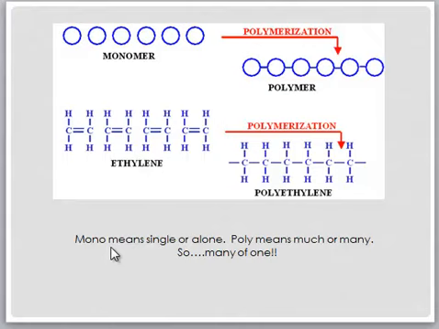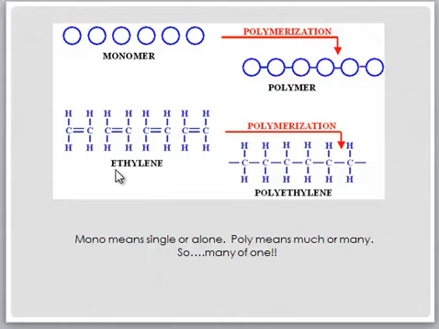For example, here is a monomer. It's just a basic representation. They're not giving you letters or numbers, just so you can get the idea. When polymerization happens of that monomer, you then have a polymer. For example, take a look at ethylene.